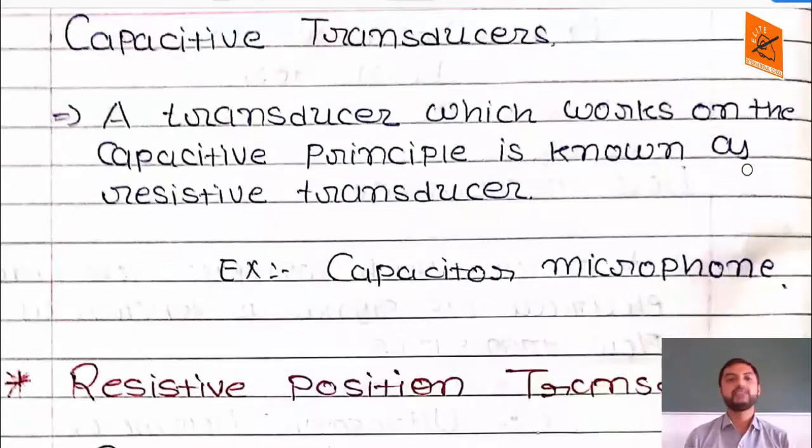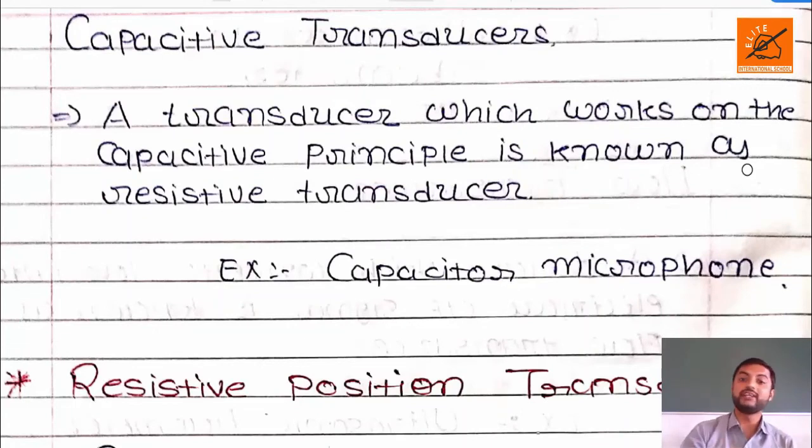Next point is capacitive transducers. A transducer which works on the capacitive principle is known as a capacitive transducer. Here I have made some mistake. It is capacitive transducer. So there are some examples, one of them is the capacitor microphone.